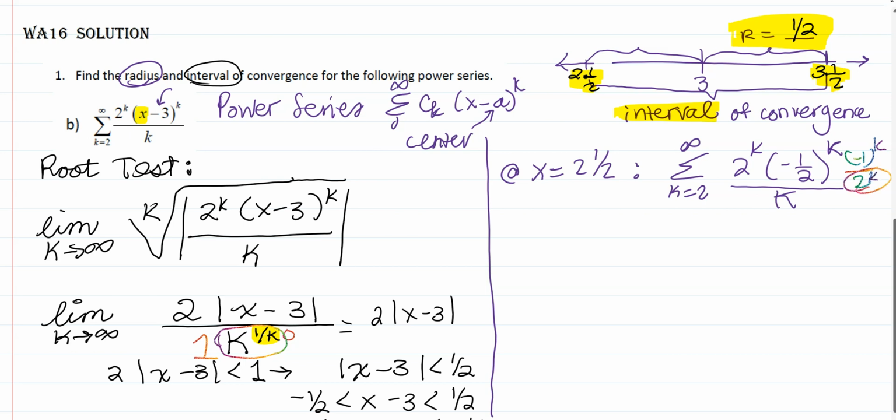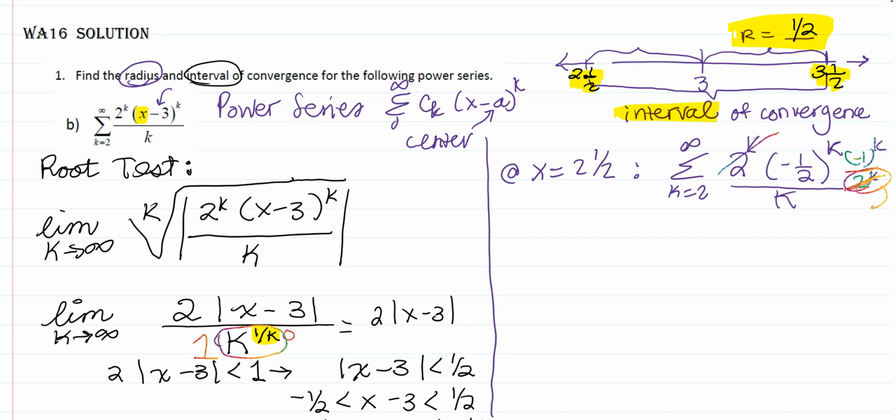And the 2 to the k power could actually cancel with the other 2 to the k power. Okay, so that 2 to the k power cancels with that 2 to the k power. I'm not sure why that just disappeared, but that's what my computer is doing. So when I cancel it out, it just disappeared.